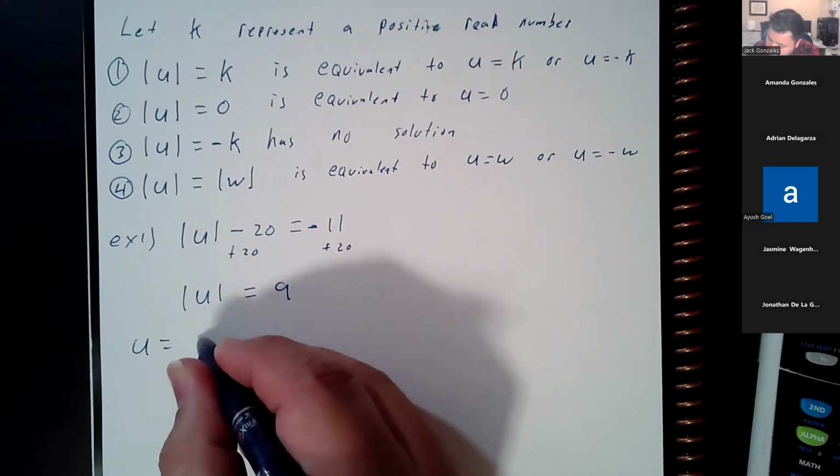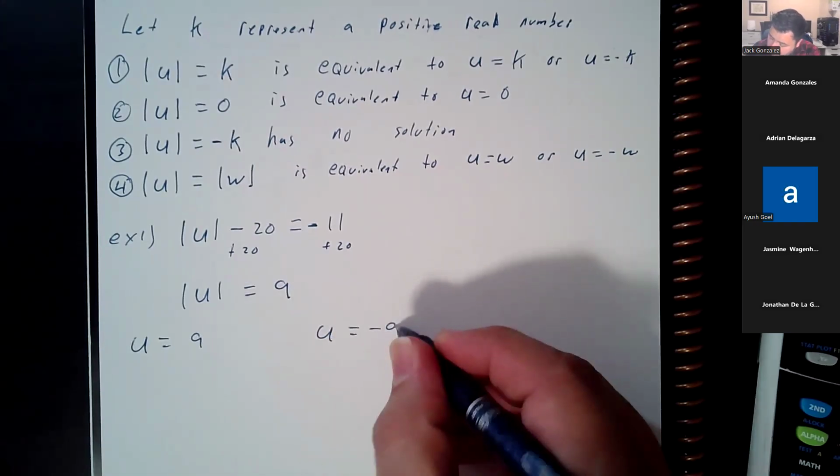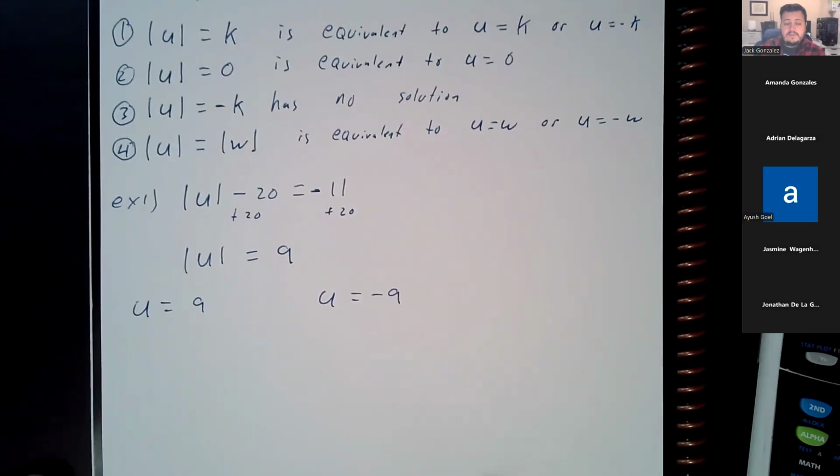U is equal to 9 or u is equal to negative 9. So you just solve two different ones. Although on this one, there's not much to solve. It's already done. We have two answers. Does that make sense? Do you see what happened?